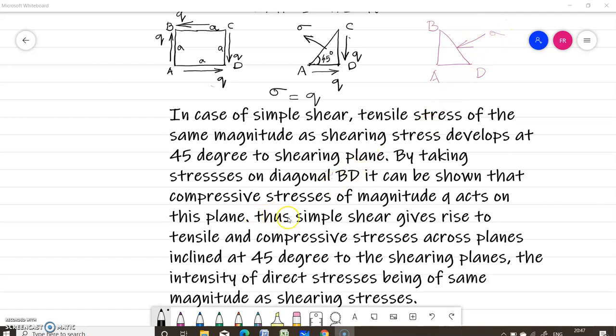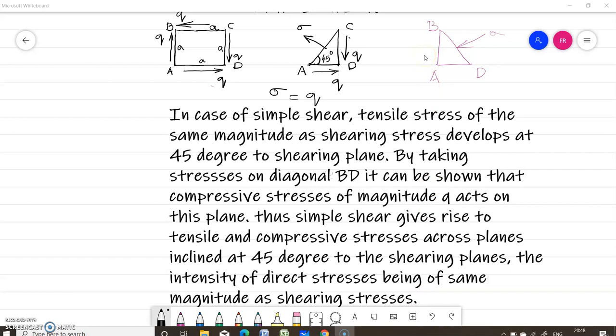So we can say that simple shear gives rise to tensile and compressive stresses across the planes inclined at 45 degrees to the shearing planes, and the intensity of the direct stresses is of the same magnitude as the shearing stress.